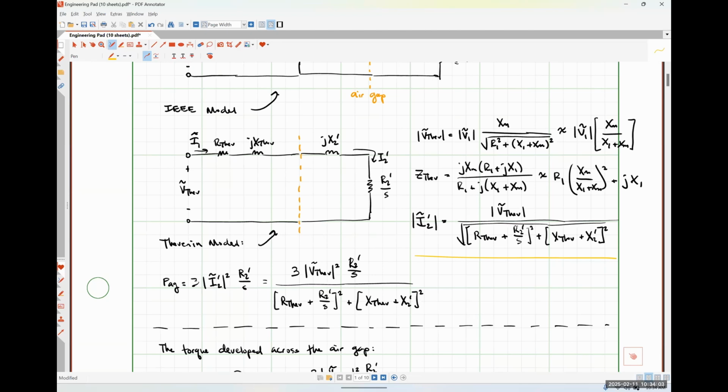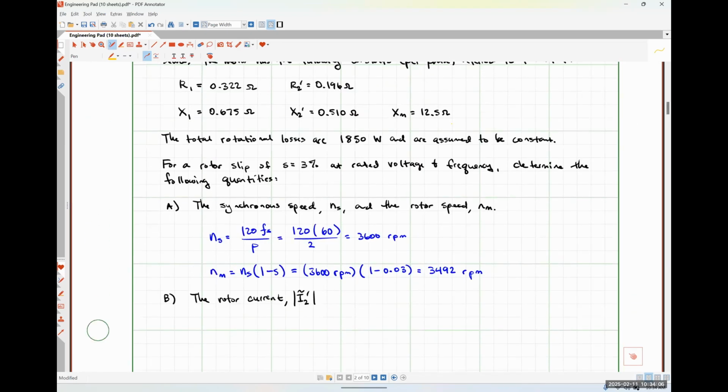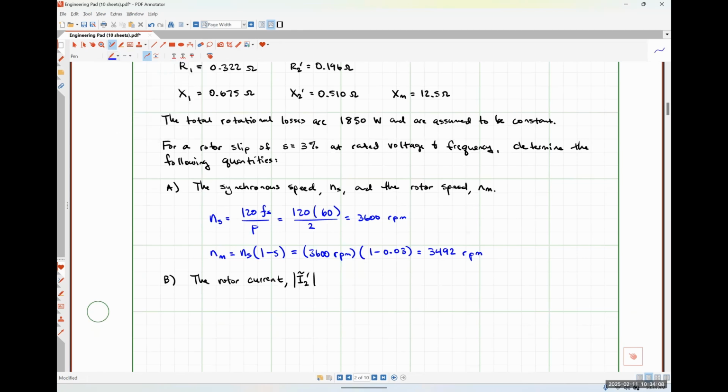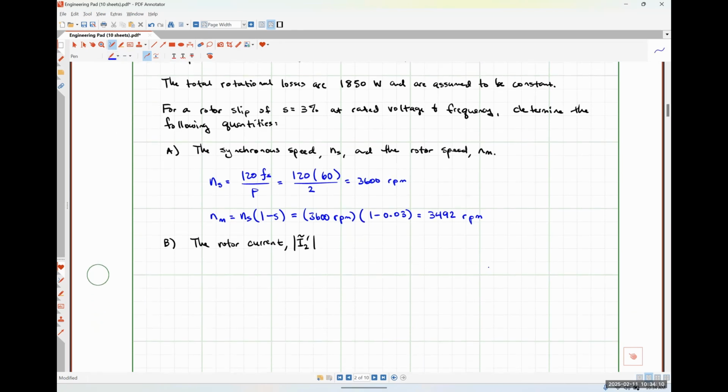So we could find V Thevenin, and we really only need its magnitude. Let's use our approximations so that we don't have a ridiculous amount of math. It is the magnitude of V1 times XM over X1 plus XM.